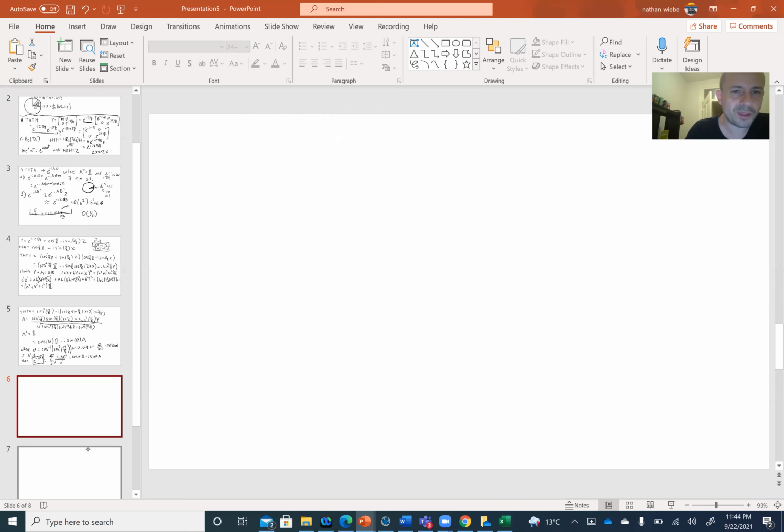The key point behind this is that if we apply TH to the nth power, using our previous arguments, this is equal to e to the negative I a theta to the nth power.